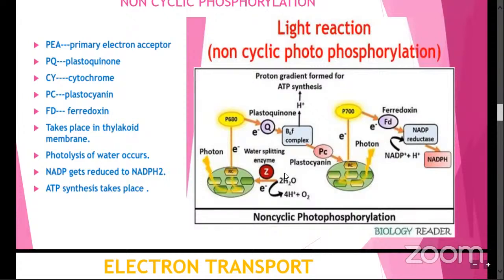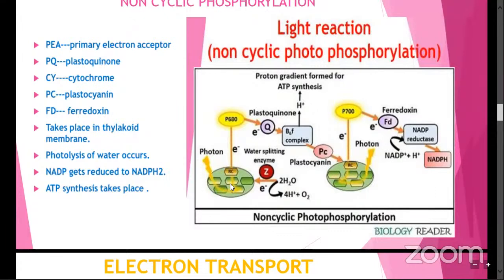The reaction center and the accessory pigments absorb the photons, and the accessory pigments transfer them to the reaction center. In the excited state, the reaction center releases electrons, which are absorbed by the primary electron acceptor.